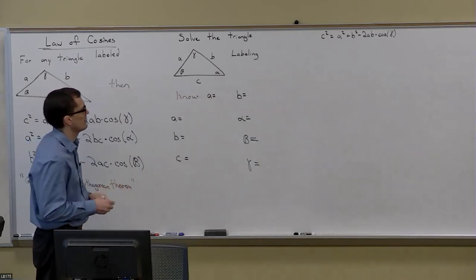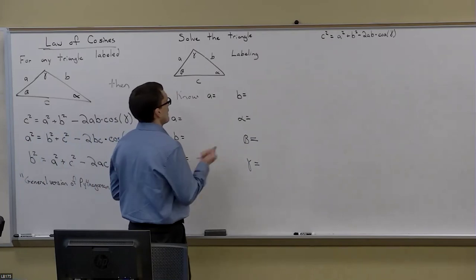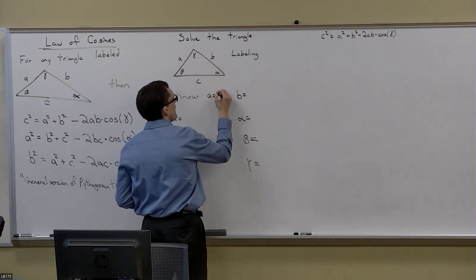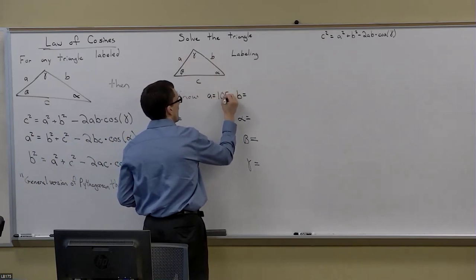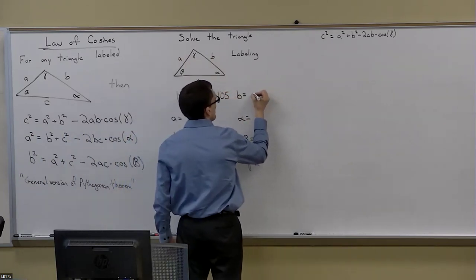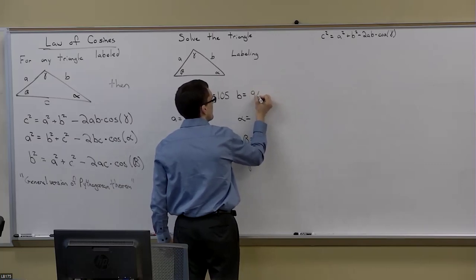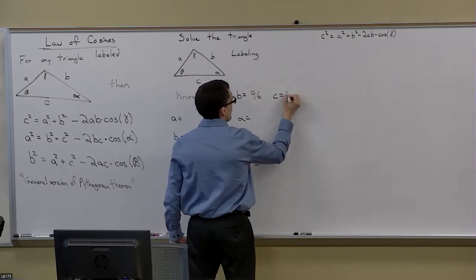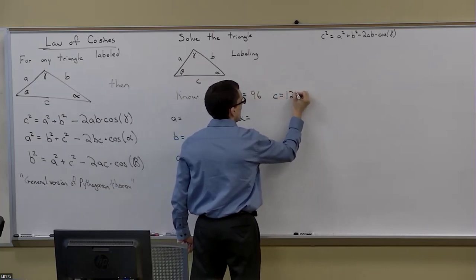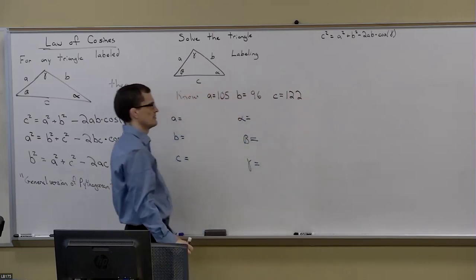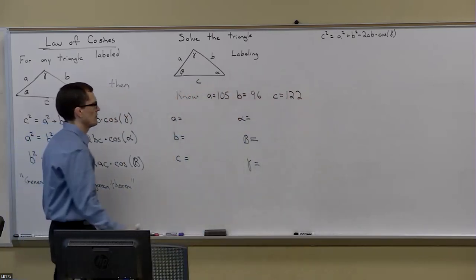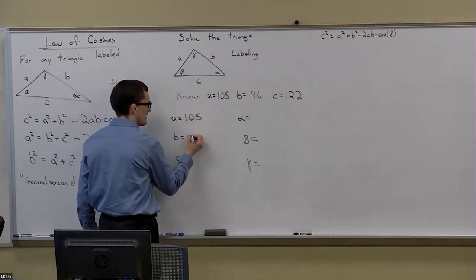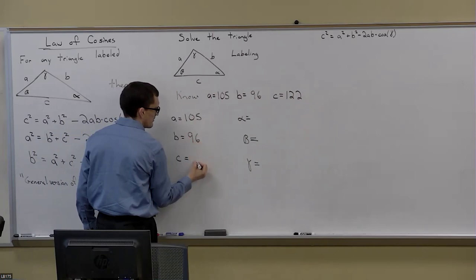Here's that version. Let's say I know all of the sides. I know A, let's just make this 105. B is 96. And C is 122. So I know all three side lengths.